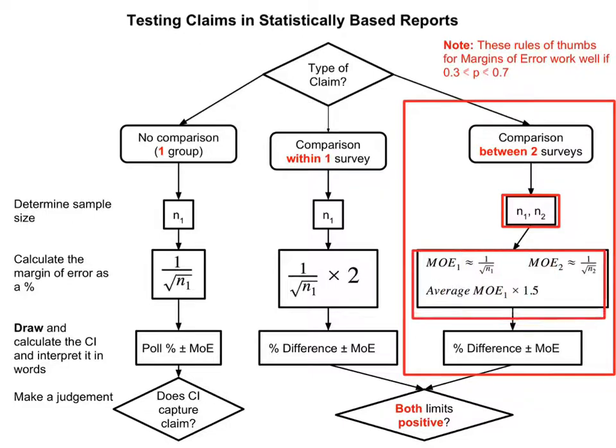So I need to go and find my two margins of error. That's my first step. The first group is going to be the lower central North Island, and then I want the margin of error for the upper North Island.